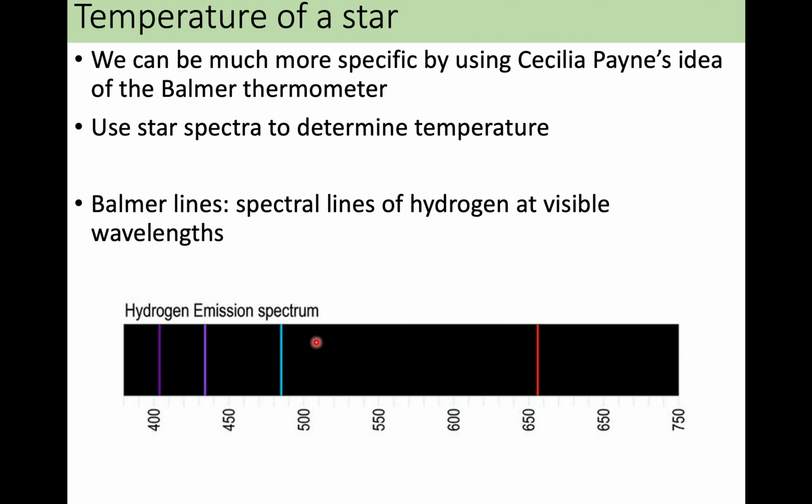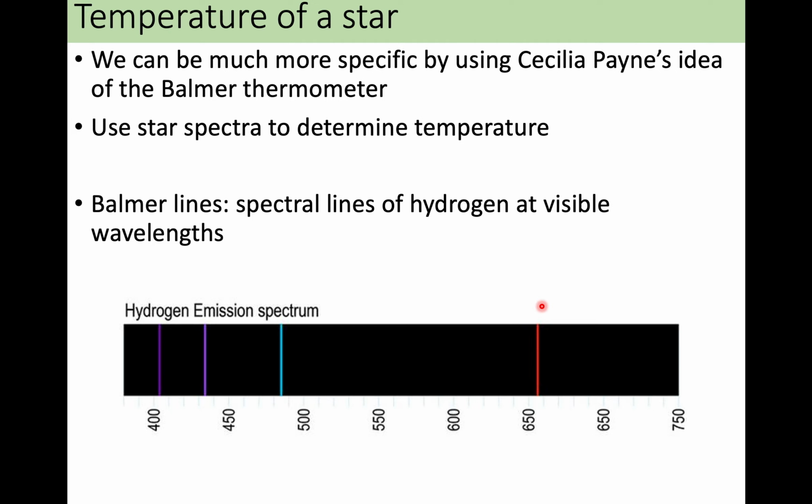So we can be even more specific by using Cecilia Payne's idea of what's called the Balmer thermometer. So we use the spectra of a star to determine the temperature of the star. This depends on what we call Balmer lines. So the Balmer lines are the spectral lines of hydrogen, but only within the visible.